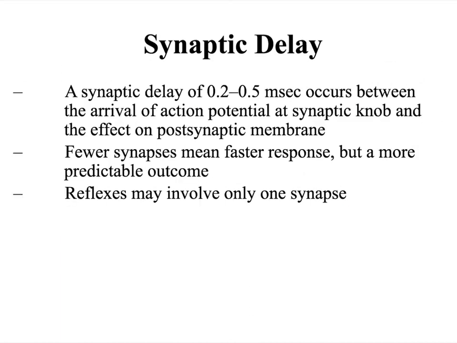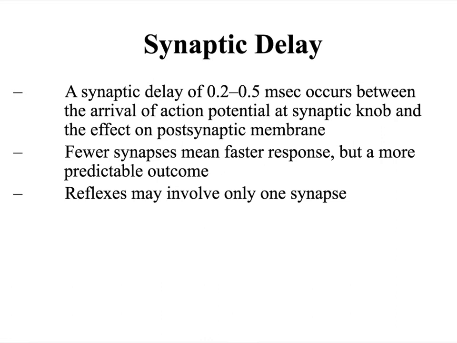When an action potential is passed from a presynaptic neuron to a postsynaptic neuron, there's going to be a very tiny delay. We're talking tenths of a millisecond between the arrival of the action potential and the effect on the postsynaptic membrane. This is because it takes some time for the docking of the synaptic vesicles.